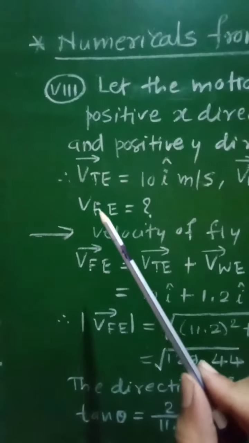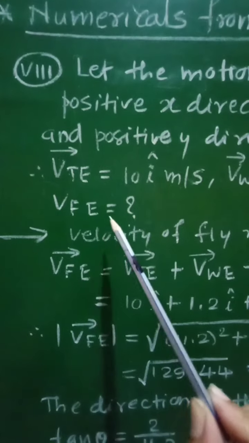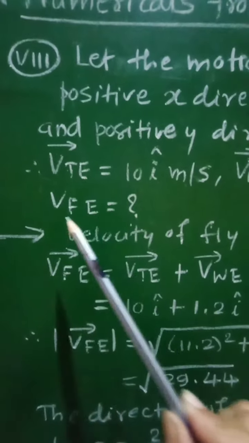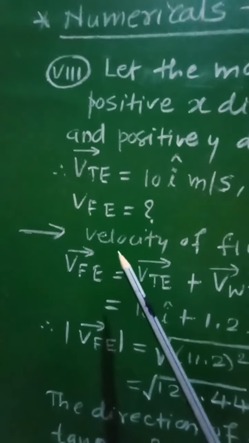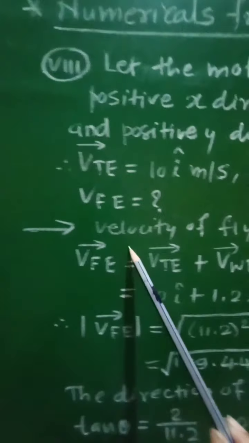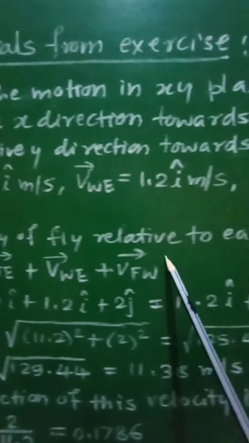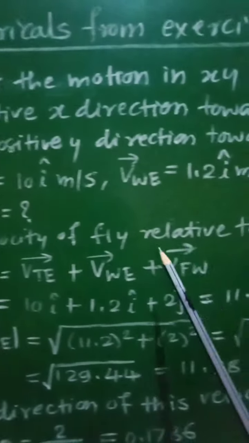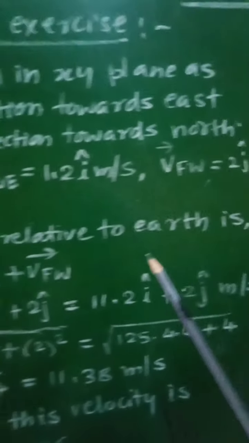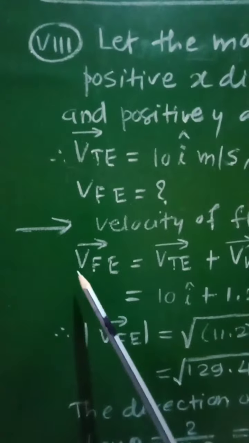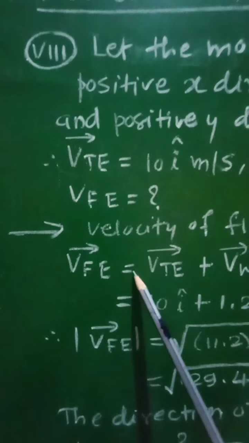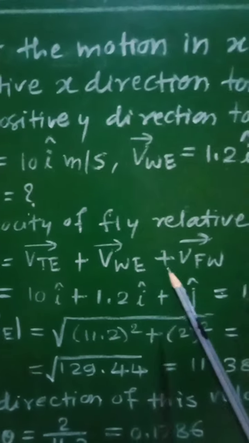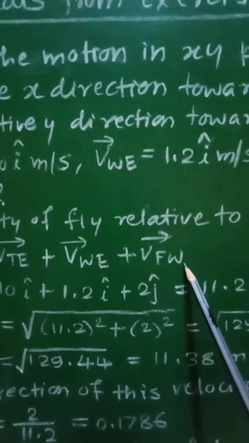And we have to find out the velocity of fly relative to earth, v_fe. So the velocity of fly relative to earth is given as v_fe is equal to v_te plus v_we plus v_fw.